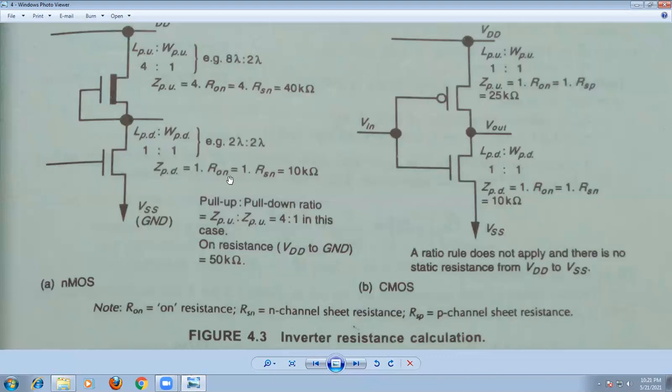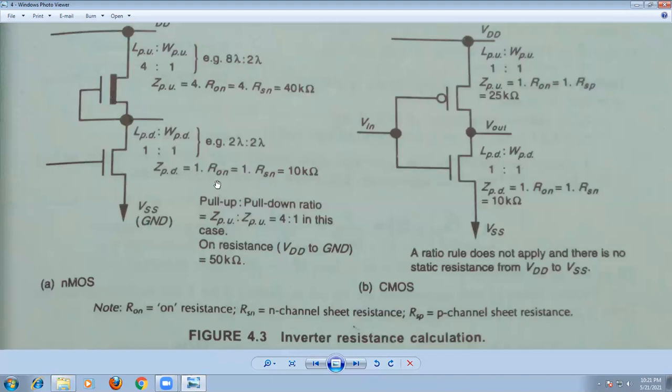Therefore, Rn is equal to Z pull-down into Rsn, that is the sheet resistance of the enhancement mode transistor. This is also an N-channel transistor, so we substitute the sheet resistance of the N-channel transistor in 5 micrometer technology.